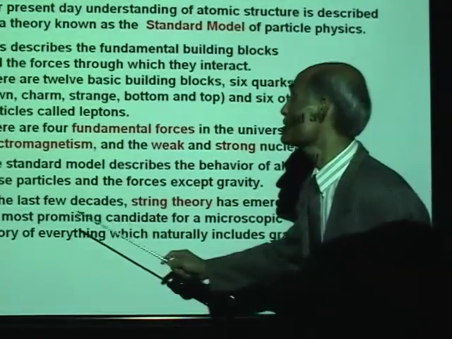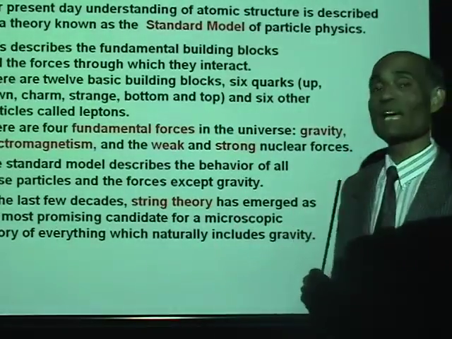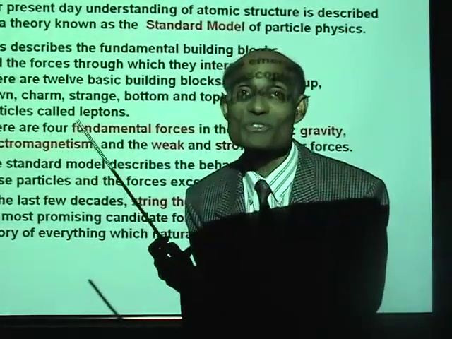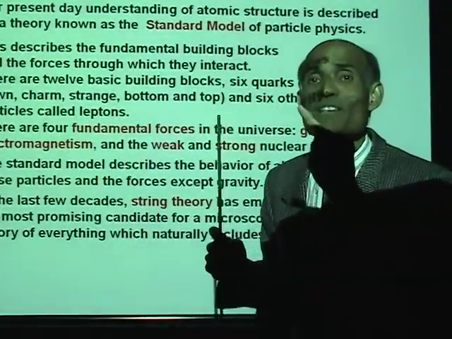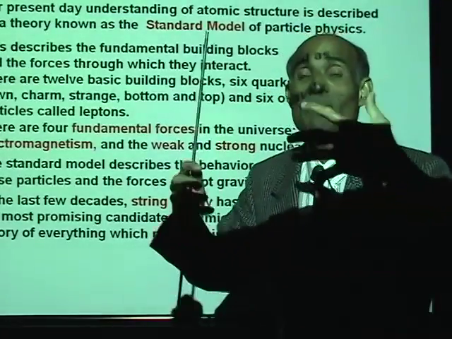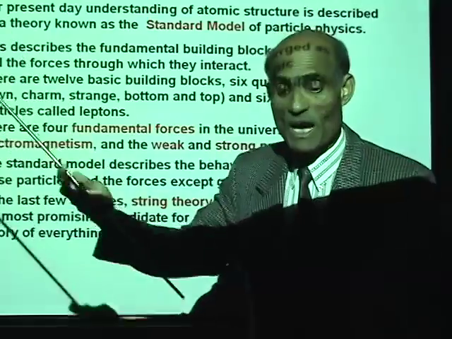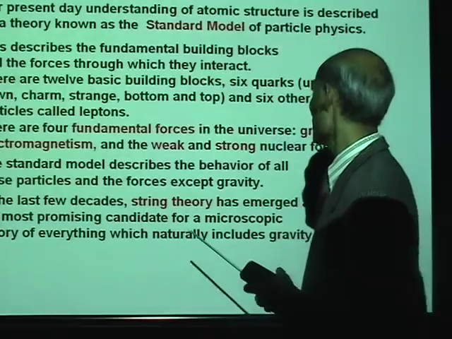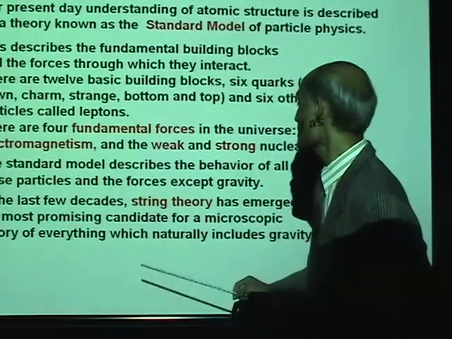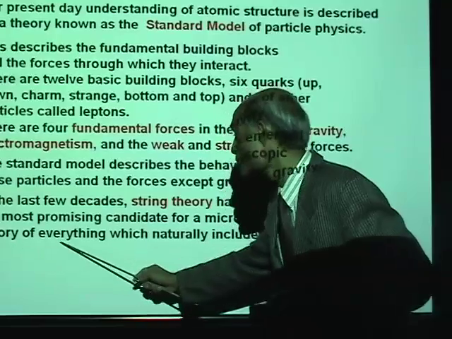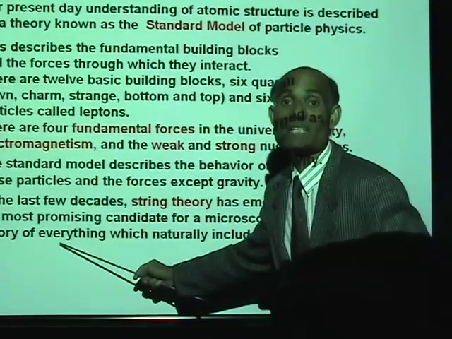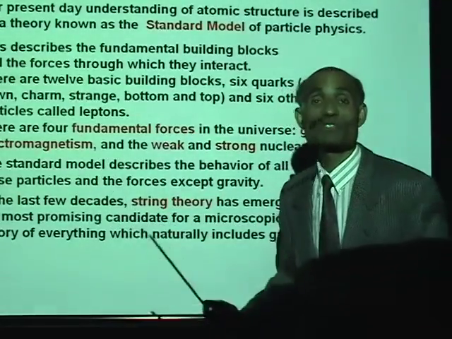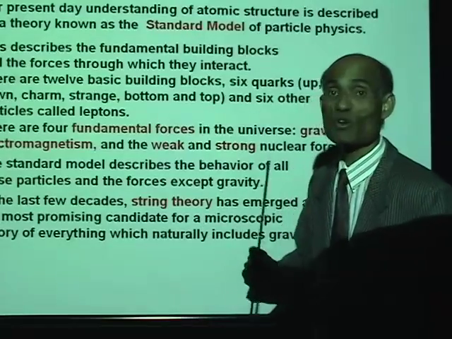String theory has emerged as the most promising candidate likely to unite all these 4 forces and lead us to a unified super theory of everything, a microscopic theory of everything. It means it will satisfactorily explain the origin of gravitational, electromagnetic, weak and strong forces.